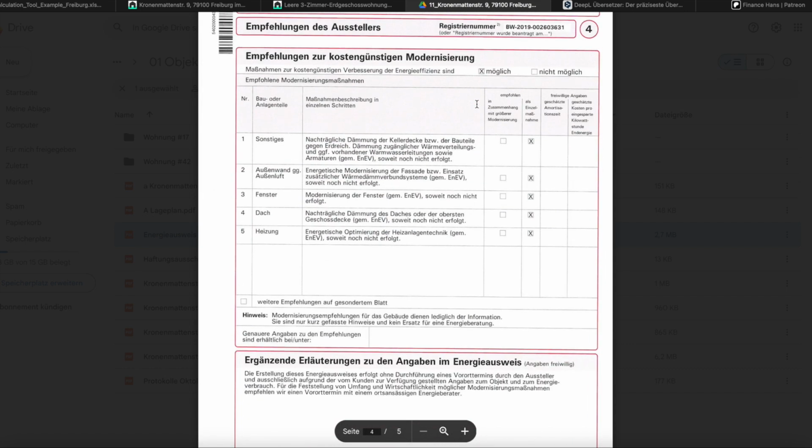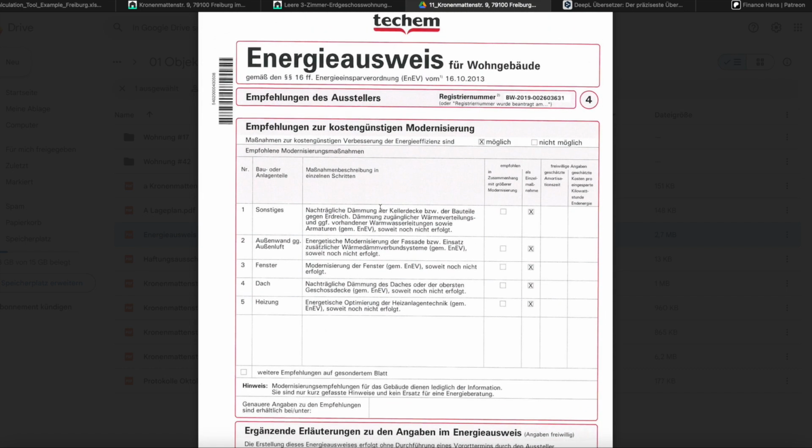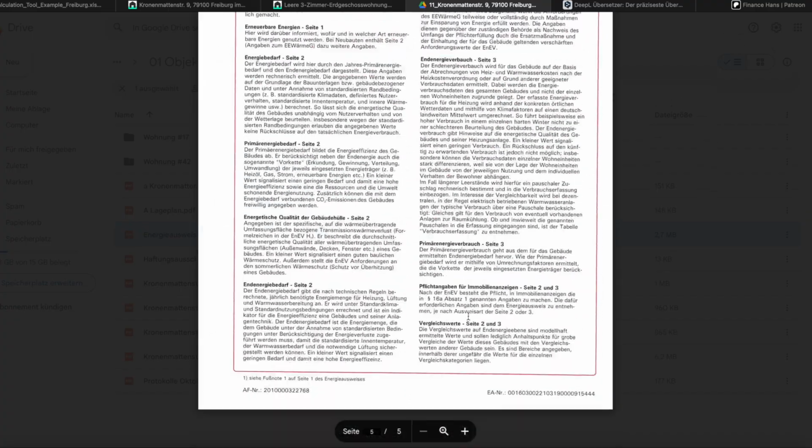And usually on the last page of this Energieausweis, you do see actions you could take or the homeowners could take in case they want to improve their energy efficiency. In this case, they're saying, okay, you could renew the windows, you could also provide insulation to the roof, and also maybe renew your heating system. And yep, that's pretty much it.